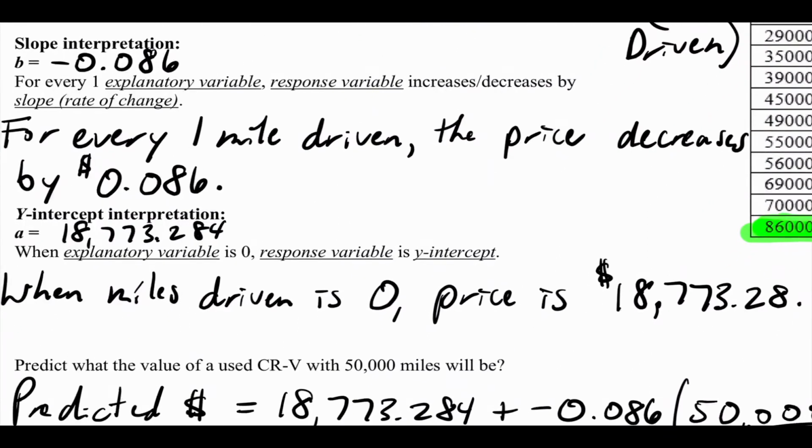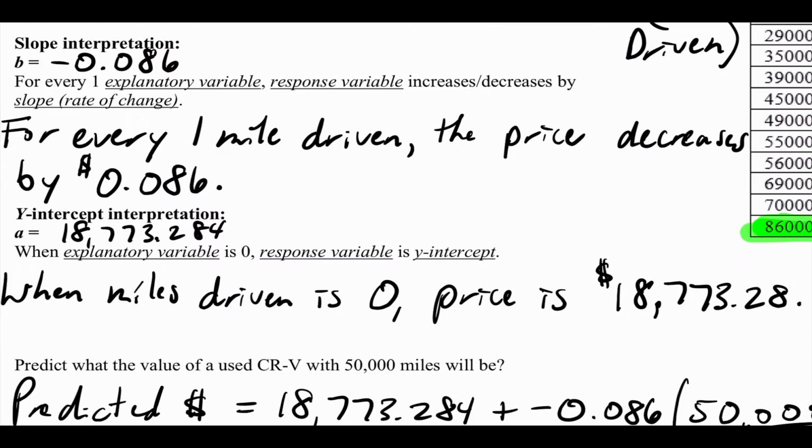Interpret the slope: for every one explanatory variable, comma, the response variable either increases or decreases by that number. Y-intercept interpretation: when the explanatory variable is 0, the response variable is whatever the number is.